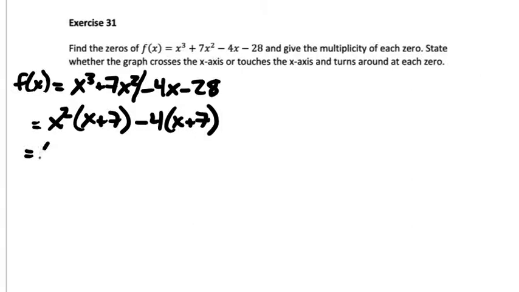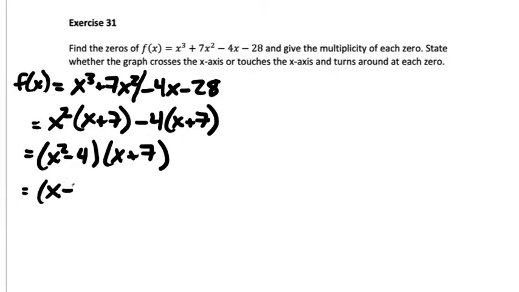And then we have two factors of x squared minus 4 and x plus 7. Now x squared minus 4, that I can factor again. That's a difference of two squares. Square root of 4 is 2, and so this would factor into x minus 2 times x plus 2. And then we also have the x plus 7, so bring that down as well.